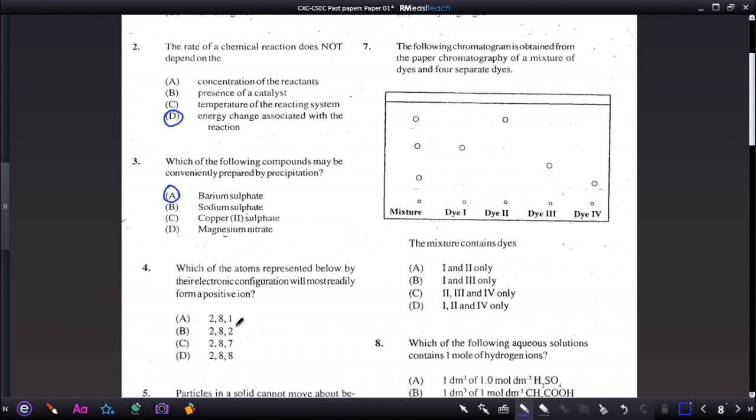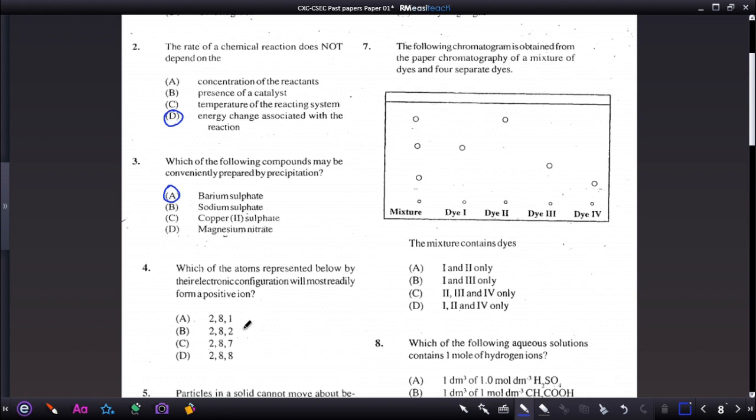And when you write the electronic configuration, if the valence number, which is the last number in the series, is between 1 and 3, then it is a metal. If it's between 4 to 7, then it is a non-metal. If it has 8 on it, then it is a noble gas. So D is a noble gas and C is a non-metal. 1 and 2 are metals.